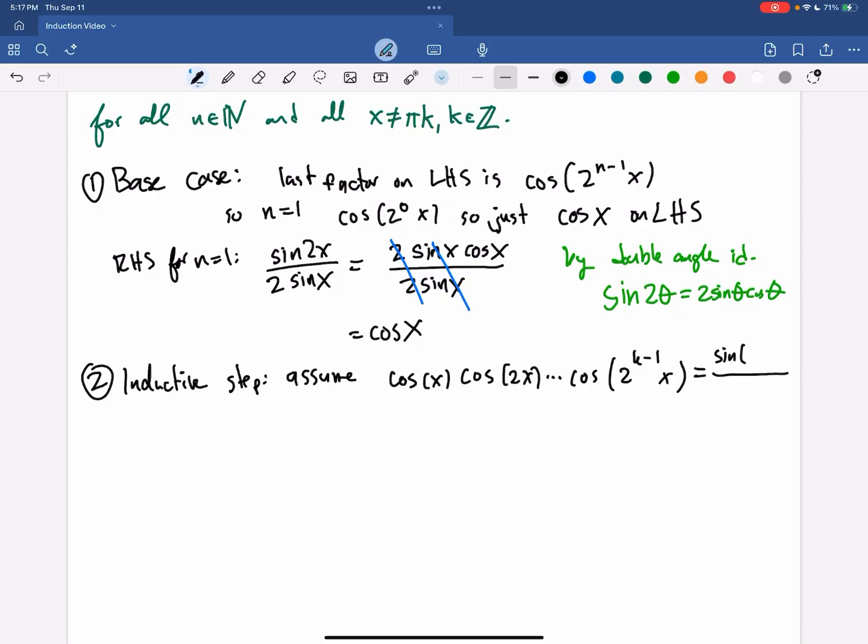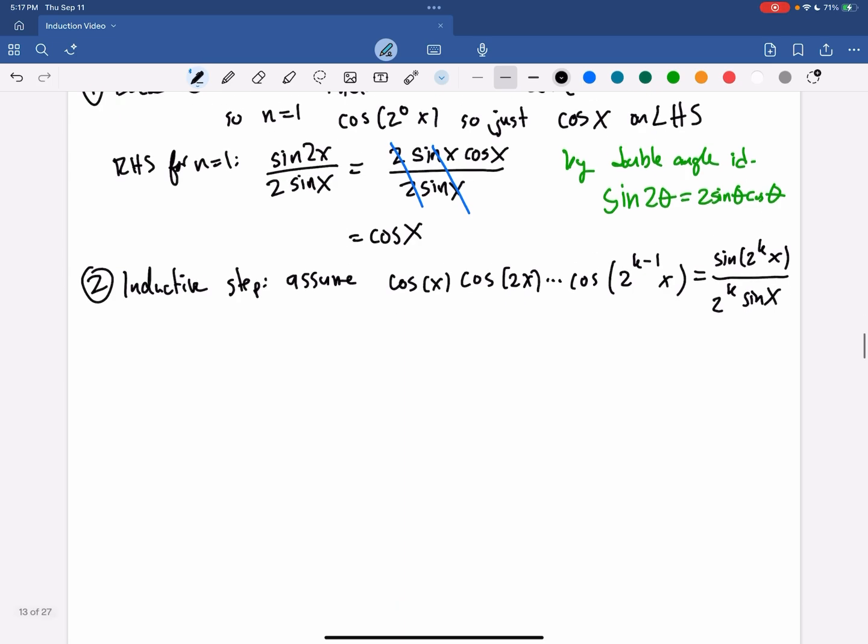So sine 2 to the k x over 2 to the k sine x. Then what we want to do is show n equal to k plus 1 follows the same formula, right?